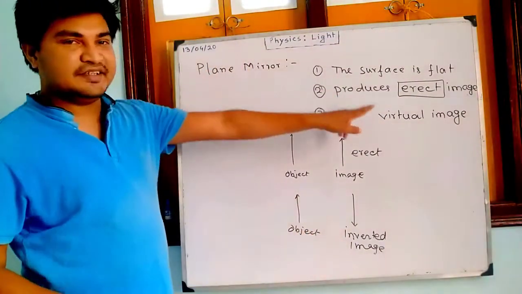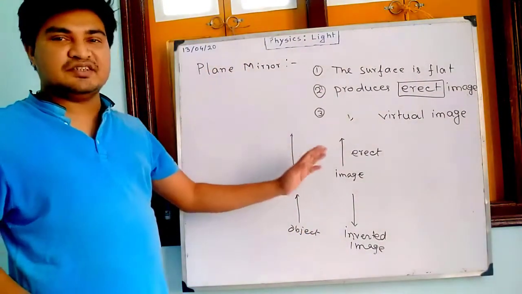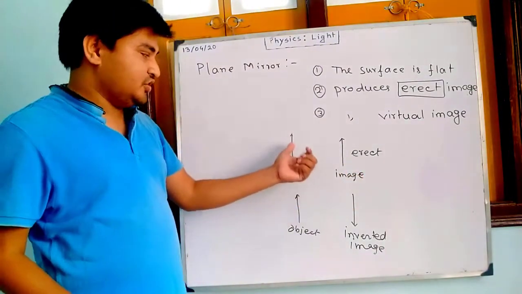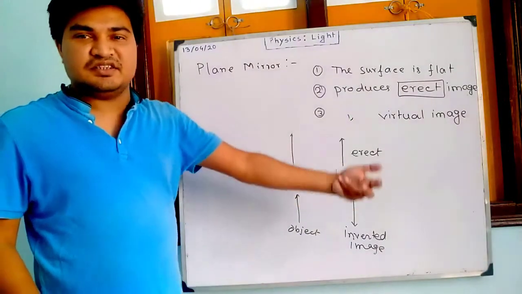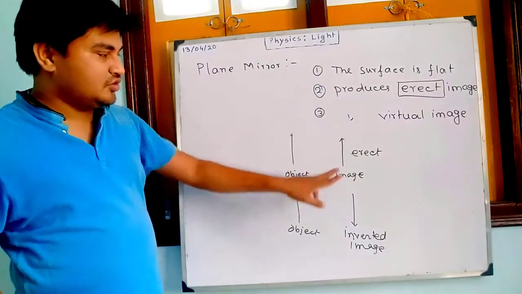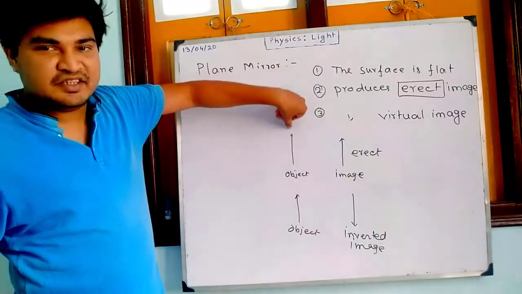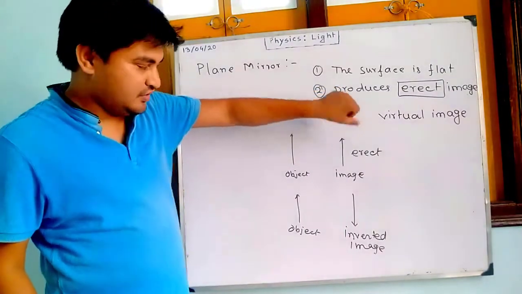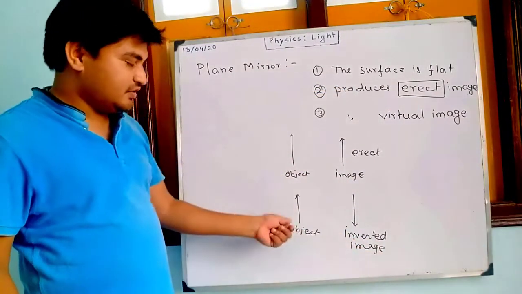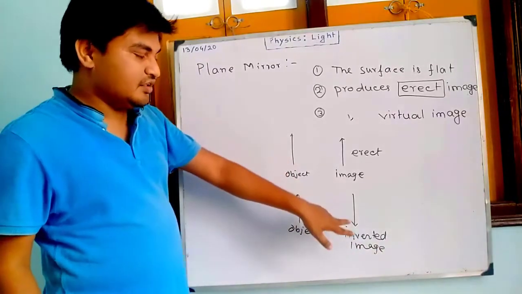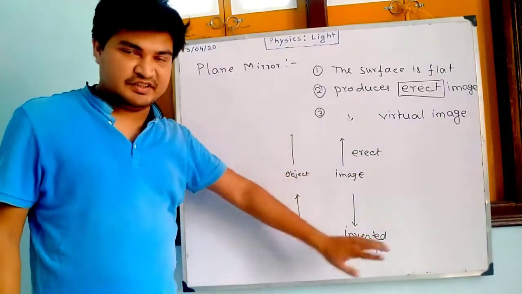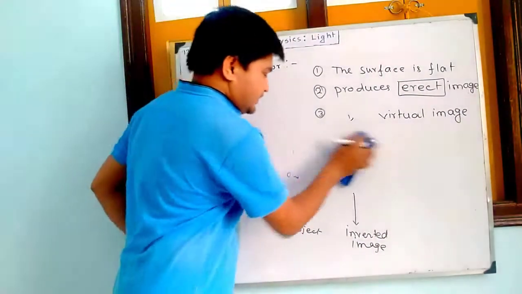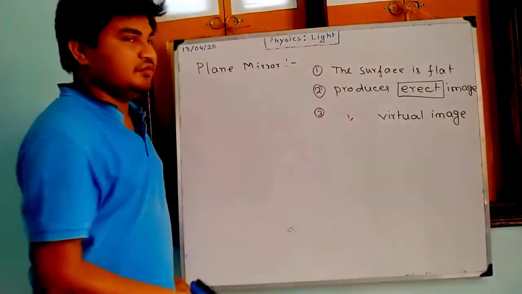Clear? So erect means if the head is in the upward direction, the head of the image will also be in the upward direction. And inverted image means if the head is in the upward direction, the head of the image will be in the downward direction. Okay. So these are the three concepts related to the plane mirror.